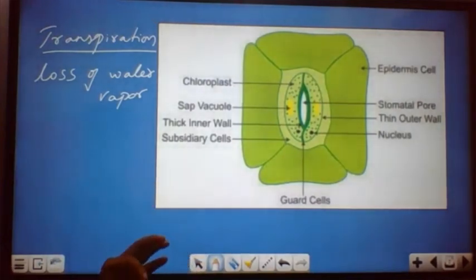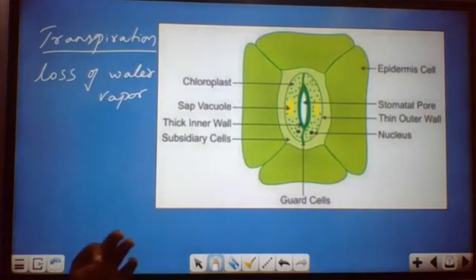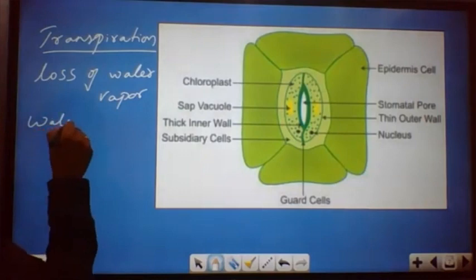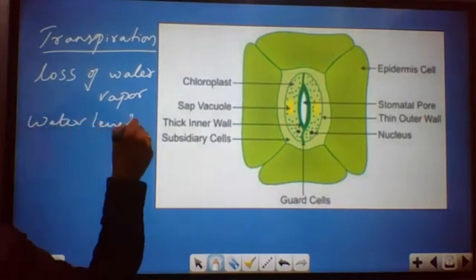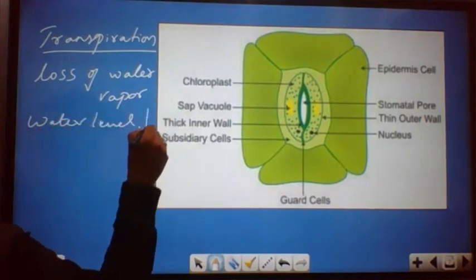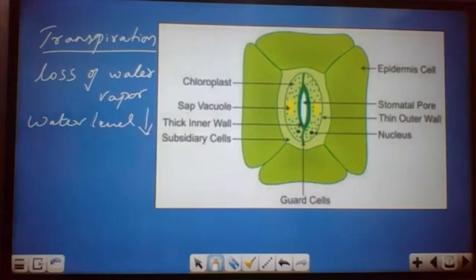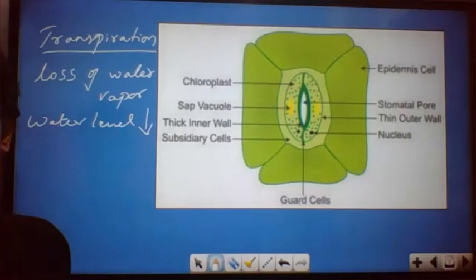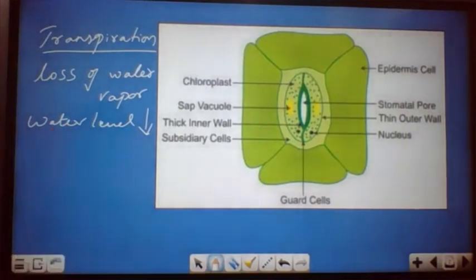But transpiration is actually reduced when the water level in the soil is low. For example, in the case of desert plants, where the water level in the soil is quite low, you cannot expect transpiration to be more, because the transpiration level also goes down.